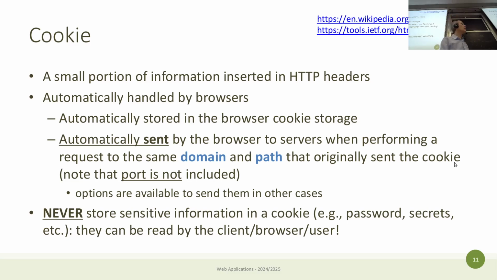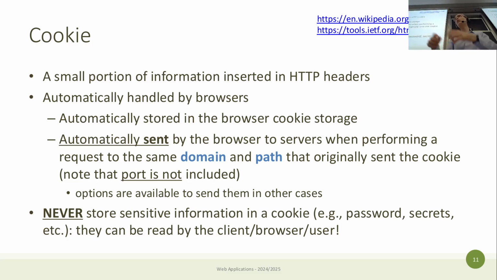Let's say I just access didactica.polito.it/exams, the page in your Polito web application where you see the exams. It set a cookie because first, before showing me information, it asked me for username and password.